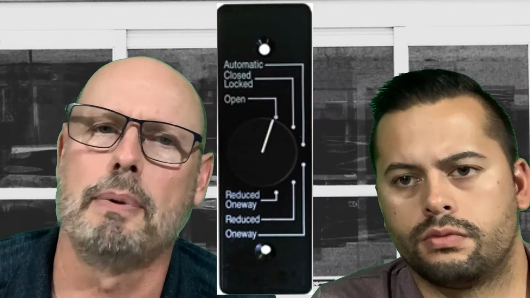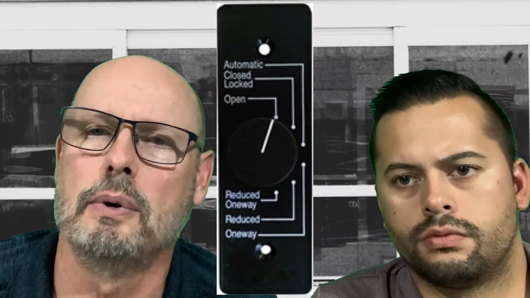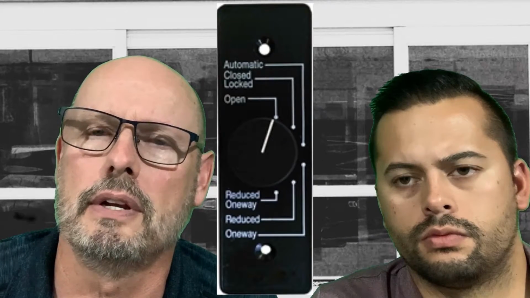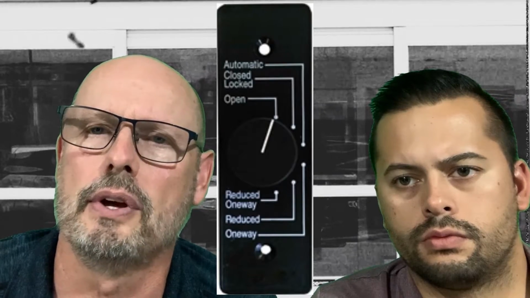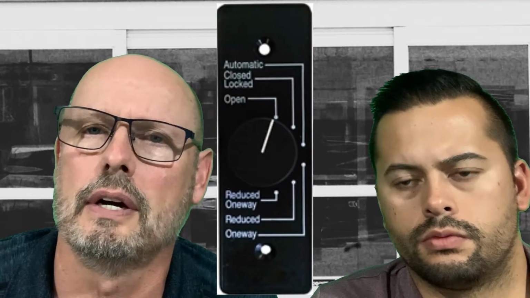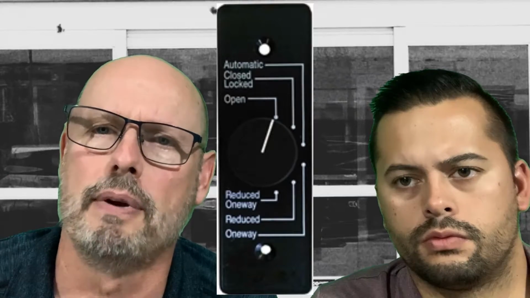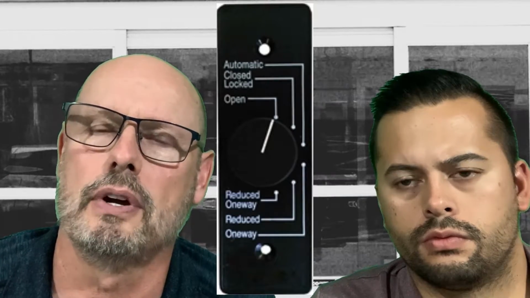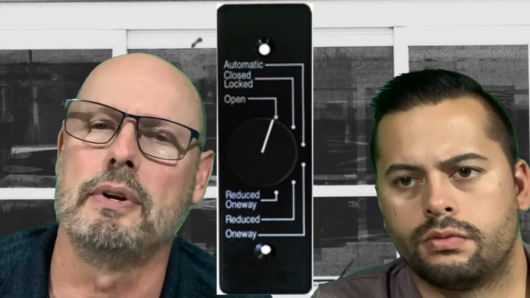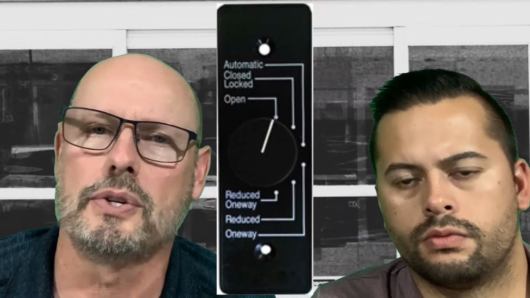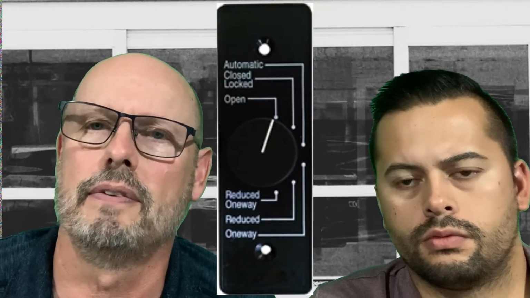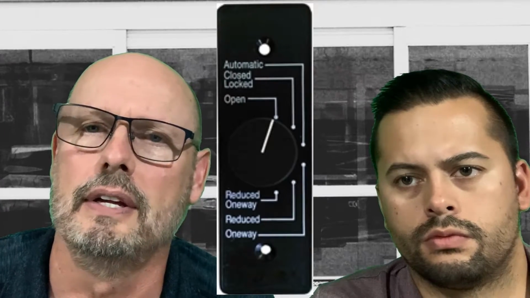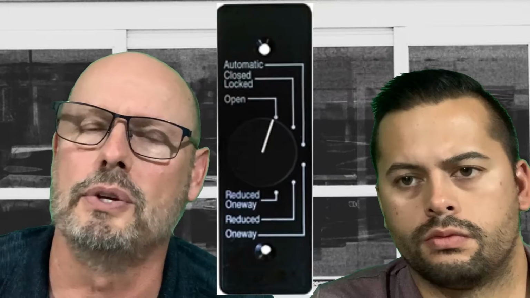If it was set up as an entrance door, then it would let you enter the door, but the door is not going to open fully. It's going to stop short of being fully open, which is considered energy conservation mode, that if you don't have a lot of traffic, then they might want to use that.